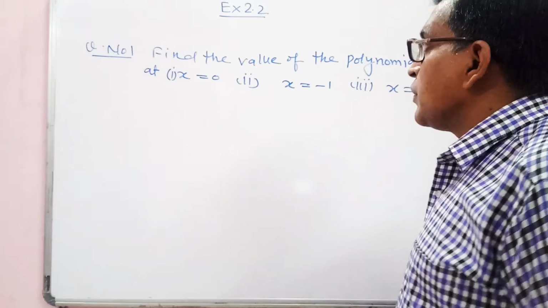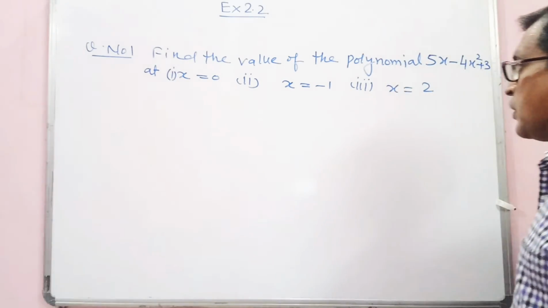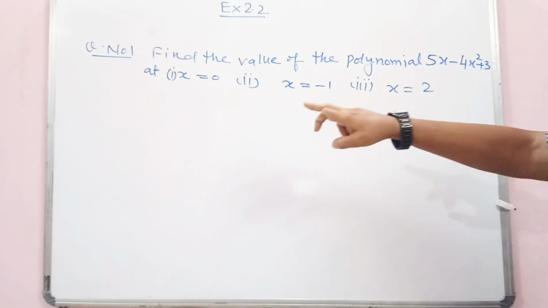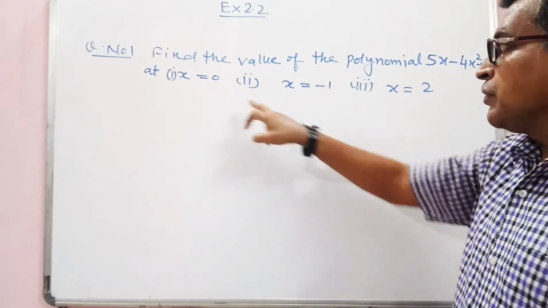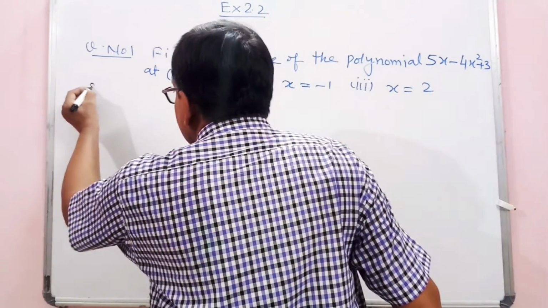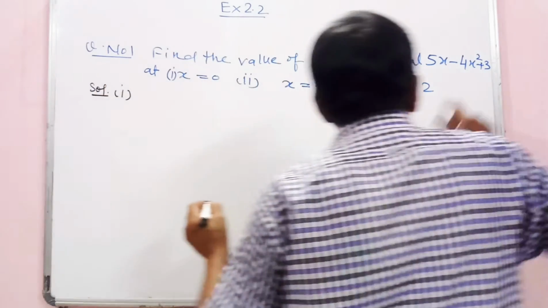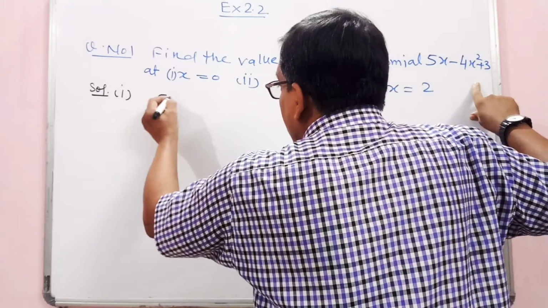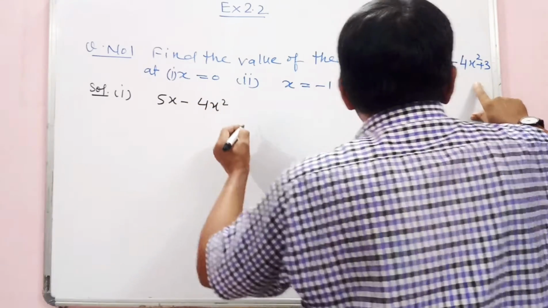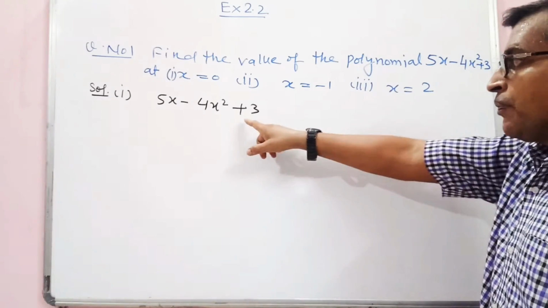Now you see exercise 2.2 question number 1. Find the value of the polynomial 5x minus 4x squared plus 3 at x equals 0, x equals minus 1, x equals 2. First part, and we see 5x minus 4x squared plus 3.